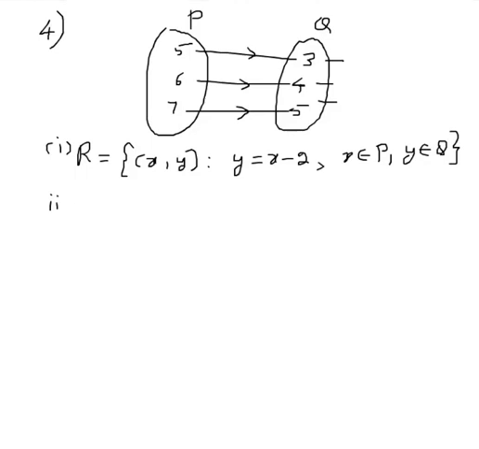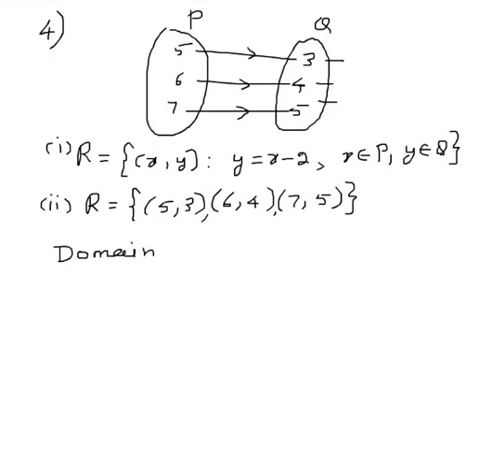Now the second answer, we have to write it in roster form. Let us list out the elements. 5 is related to 3, 6 is related to 4, 7 is related to 5. What is its domain and range?